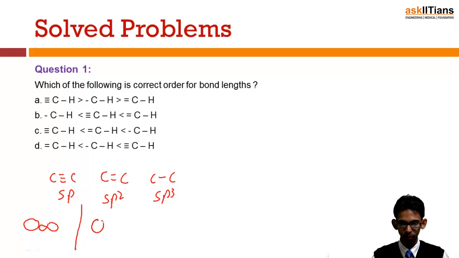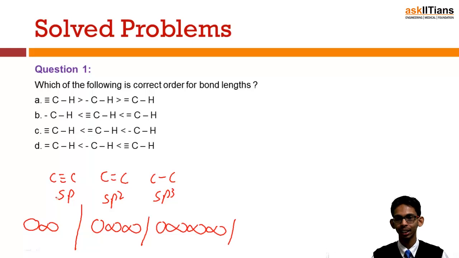In sp2 it is 1s followed by 2p orbitals. In sp3 it is 1s followed by 3p orbitals. So it is very obvious from here that as the s character increases, it is 50% here, bond length decreases and the bond strength also increases.